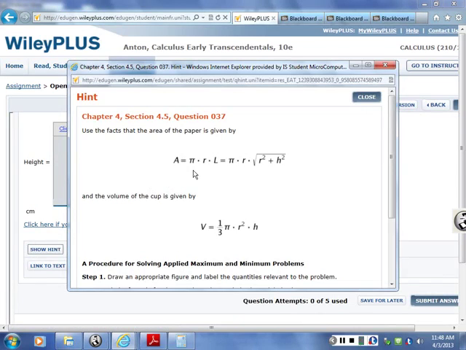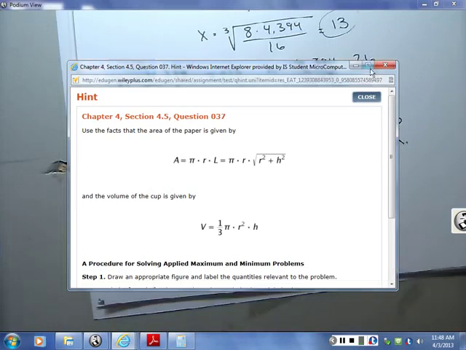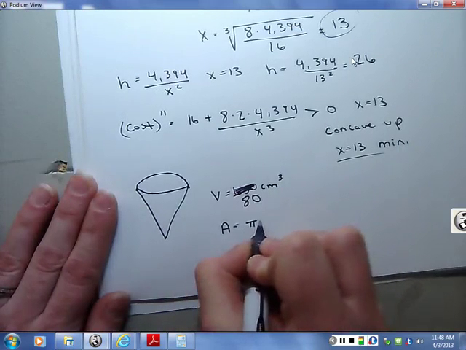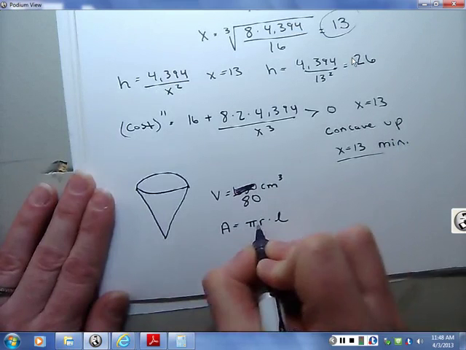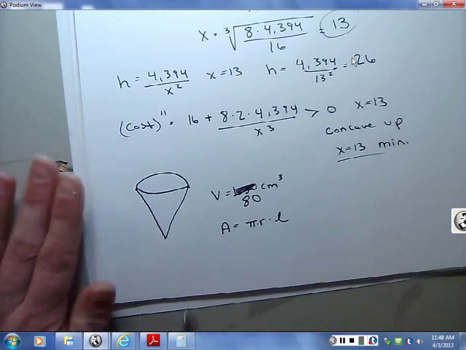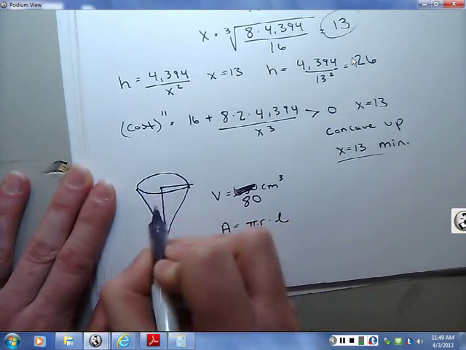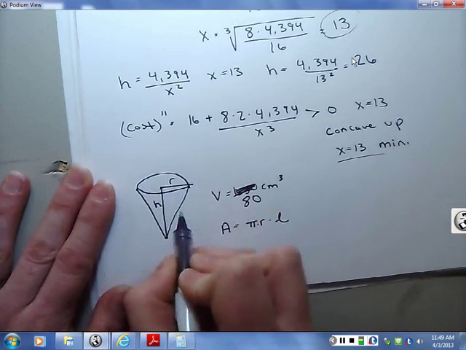I don't have a lid on my paper drinking cup, so it's just the lateral surface area. So the area is pi R L. L is the slant height: if this is my height and this is my radius, this is my slant height.